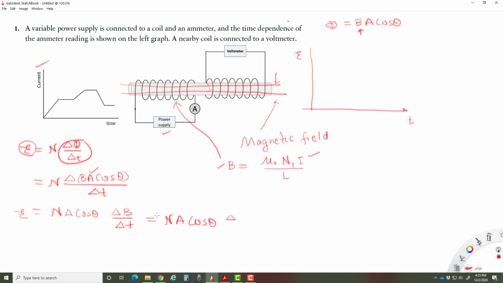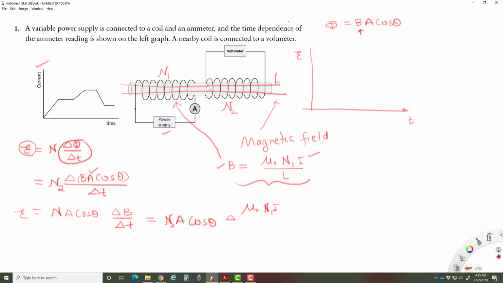Now this B again is due to the current, which is given by that. So you can write B as mu naught N I over L. In this case, this N is N1, this is N2. So this is the EMF produced in this coil. That means this is the number of turns on this side, that's N2, and this is the magnetic field produced by this coil.